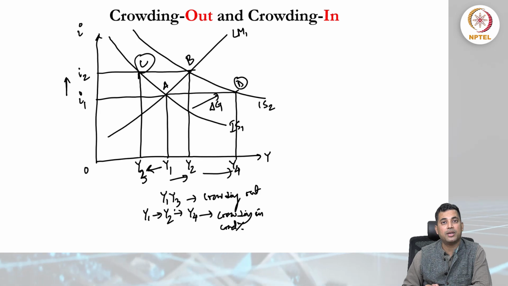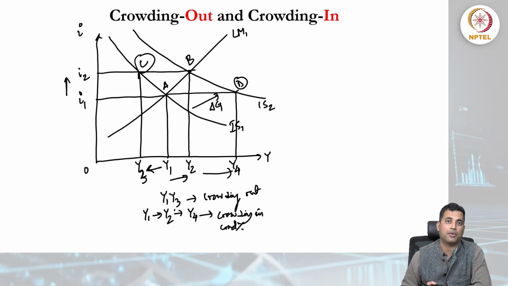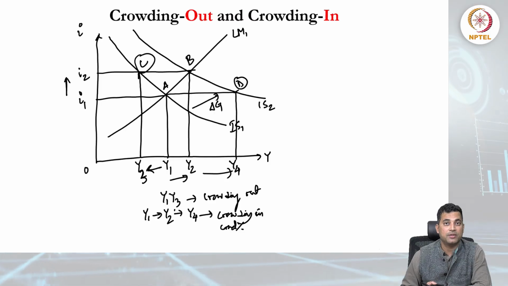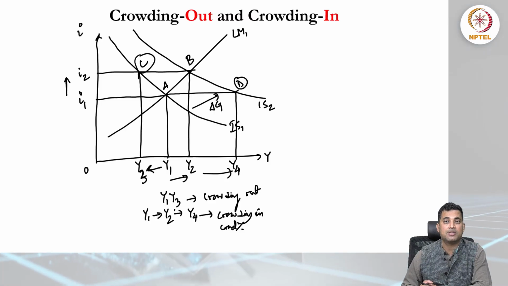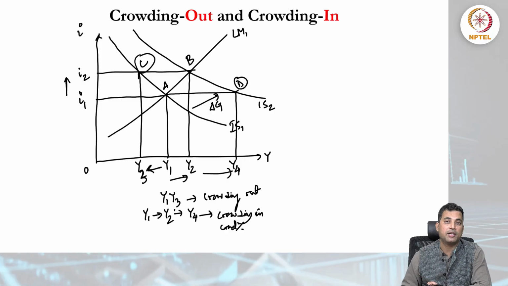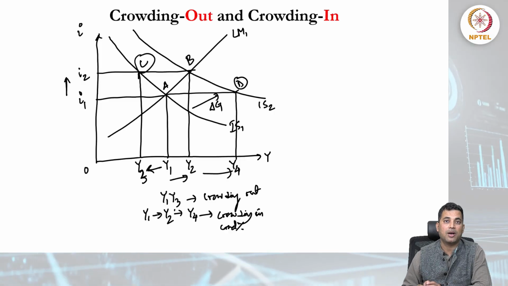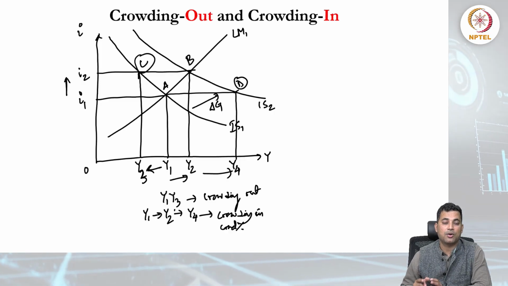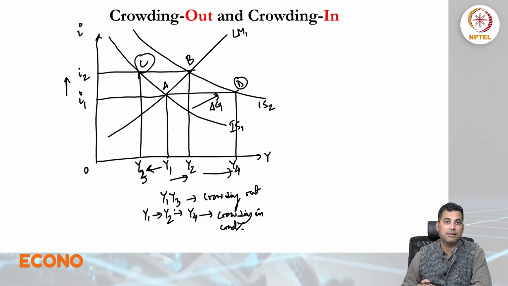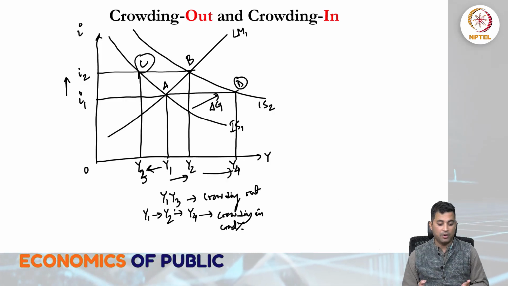So crowding out and crowding in are very important discussions, especially in the public policy framework. While framing fiscal policy or monetary policy, these concepts are generally kept in the policy makers' minds.